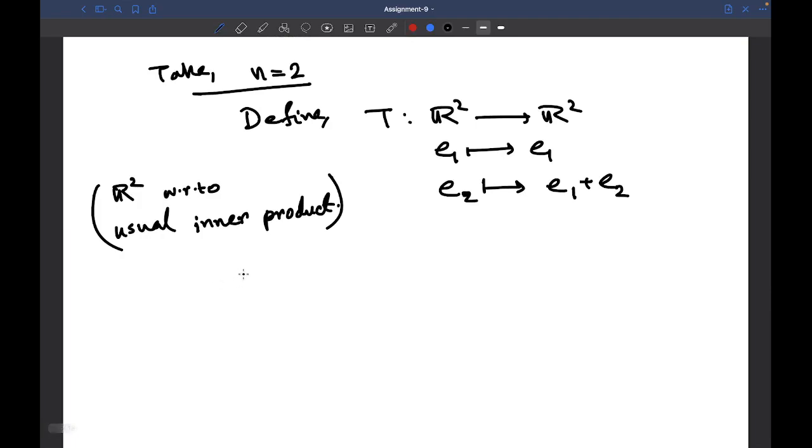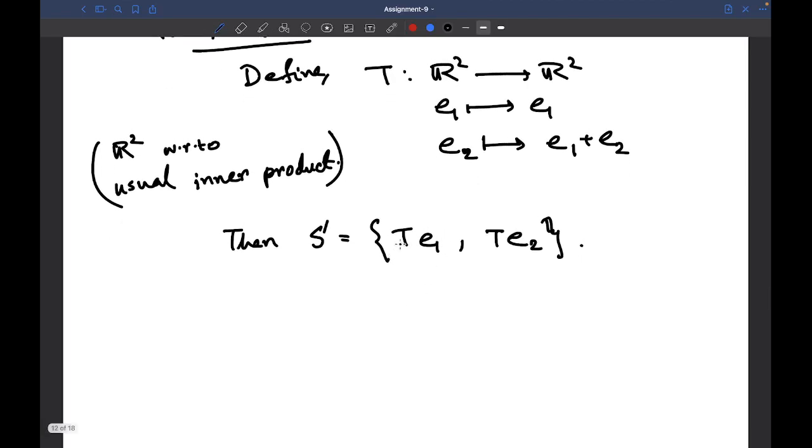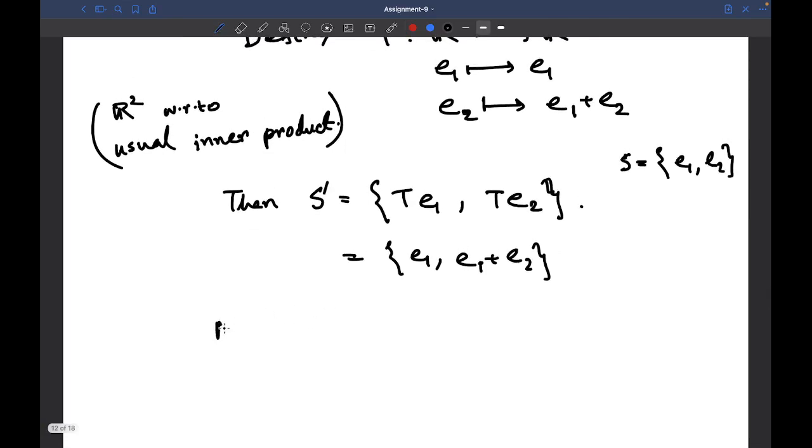So then what is S dash? S dash is T(E1), T(E2). You have taken S to be E1, E2. Then what is this? This is E1 and E1 plus E2, right? And then they are not orthogonal, right?